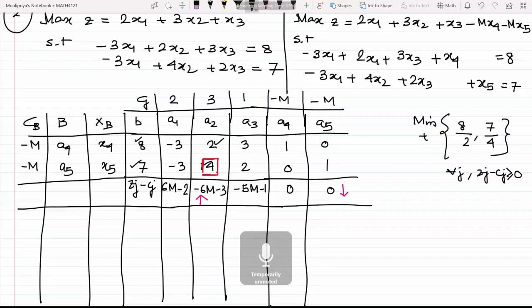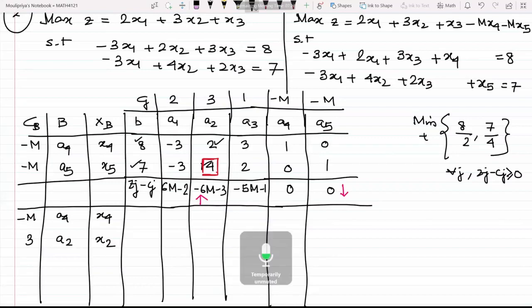Second row. In the second row, A5 would be replaced by A2. You have A2, you have X2. Instead of minus M, we write 3. And the first three elements of the first row are going to be intact. It's minus M, A4, X4. What about the revised elements of the second row?